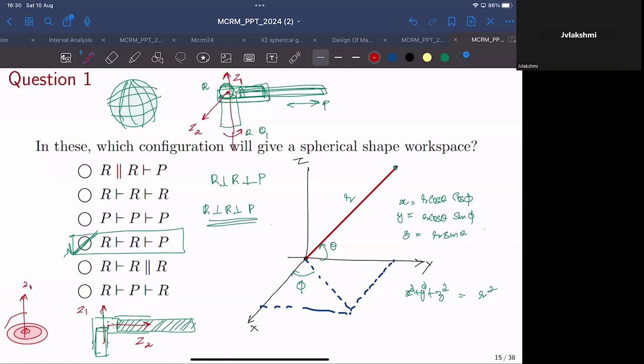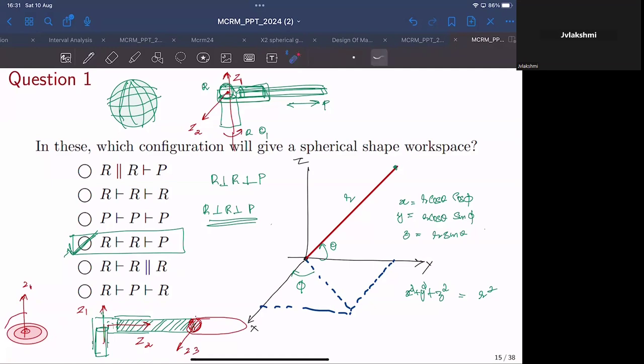So I hope you would be fine if I attach something like this. Maybe Z3. So if you have a revolute joint like this, and one more link like this, what would the workspace look like? It's not spherical, right?